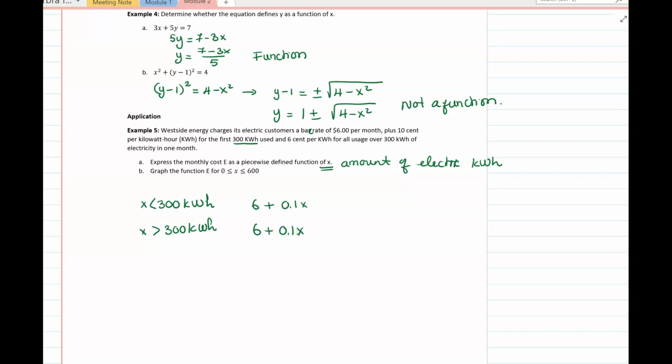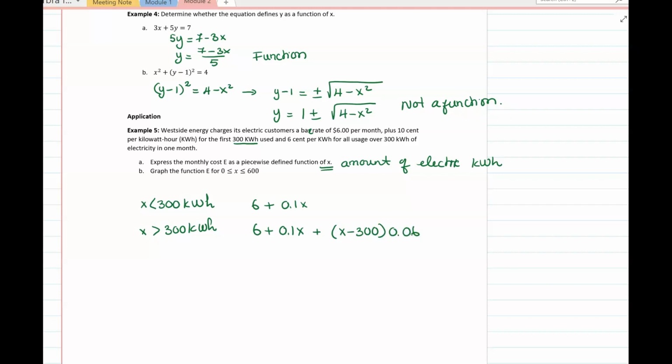So this is the portion that is 300 kilowatt-hours. What about the rest? We take x minus 300 kilowatt-hours, and this will be multiplied by 6 cents.